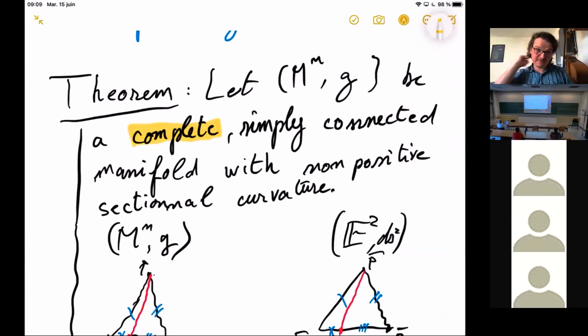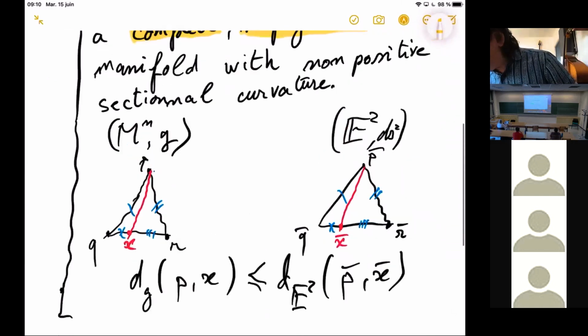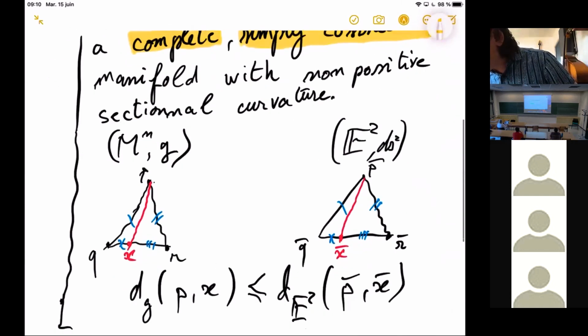And I've also put a simple connectedness assumption, and I can be lazy, so that might be out of laziness because this is easier to prove in that setting, or that might be because it's necessary. So I'm asking you whether this simple connectedness assumption can be removed.